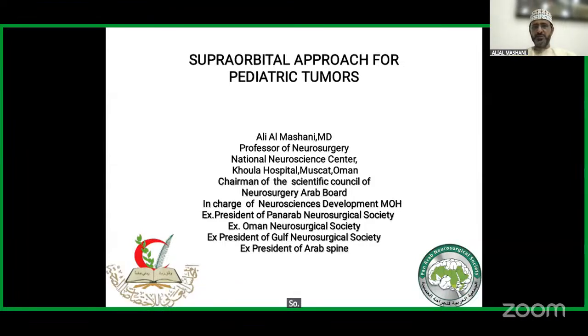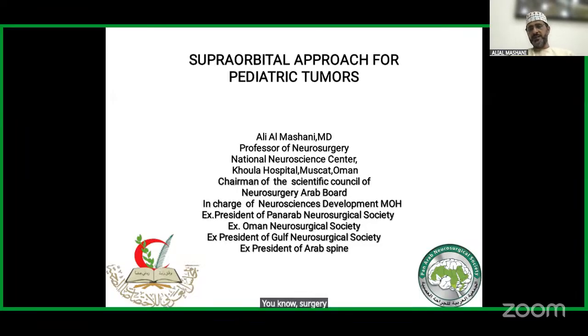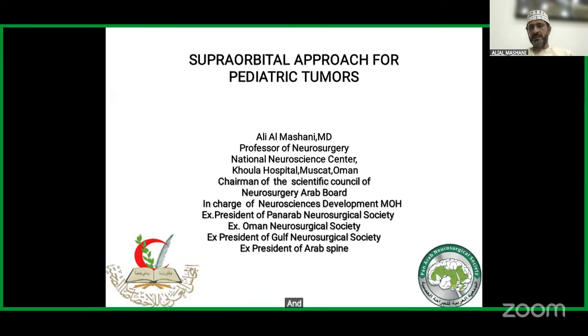So this is the supraorbital approach for pediatric tumors. All of us know that the supraorbital approach, or keyhole craniotomy, is popular now, mainly in adults, and most surgeons do it.